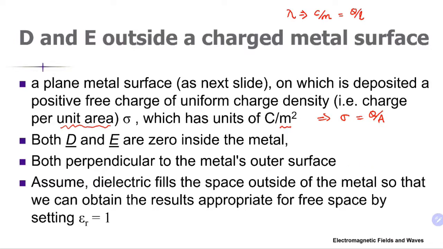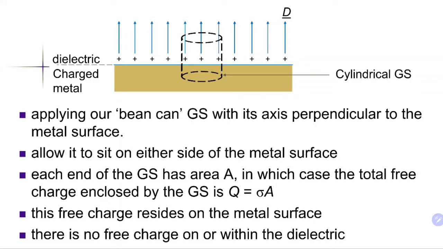Okay, so this is the diagram referring to. We have a metal surface. There's charge deposited on the surface, and then on the outer surface there's dielectric material right at the surface interface.